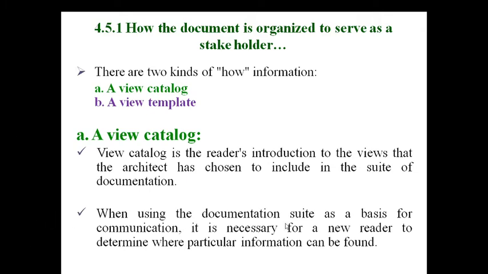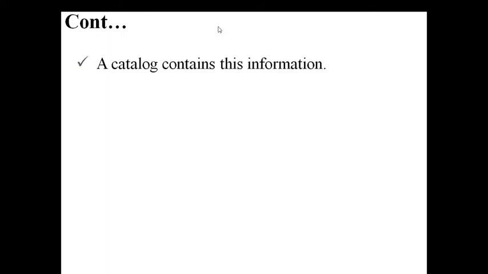Next, when using the documentation suite as a basis for communication, it is necessary. If there is nothing else besides documentation to present an application to any stakeholders in the project, this is the main thing by which we can convey your application.